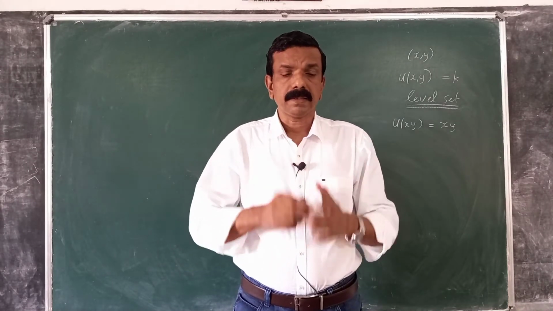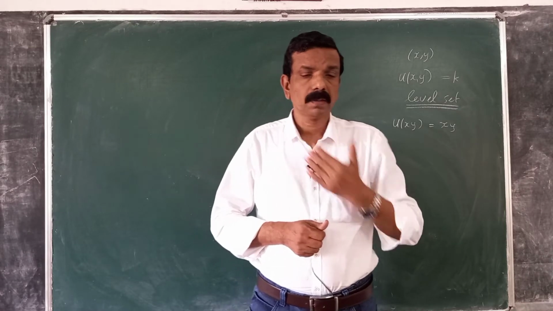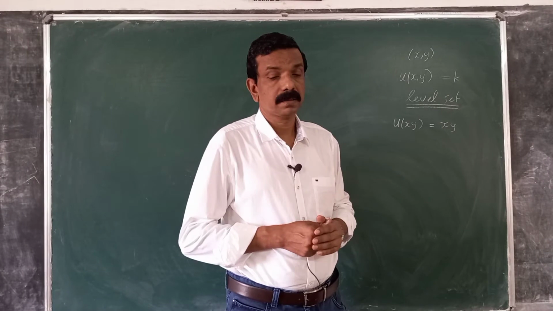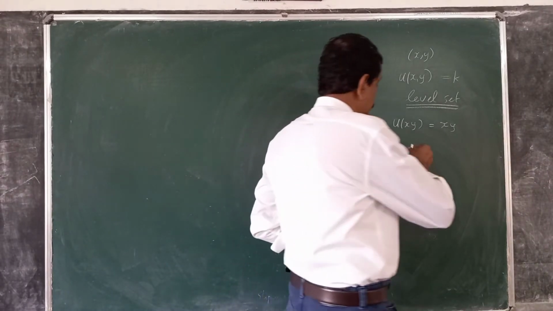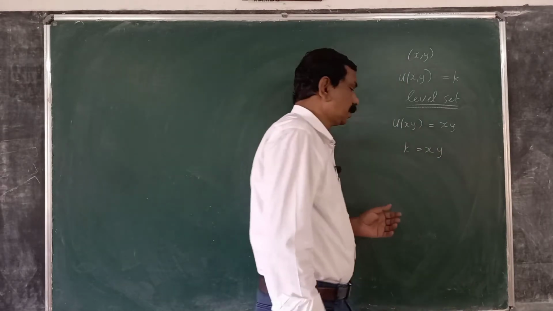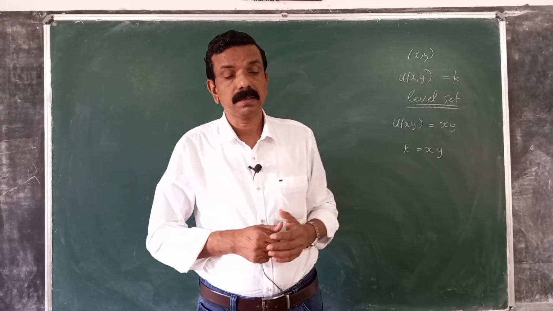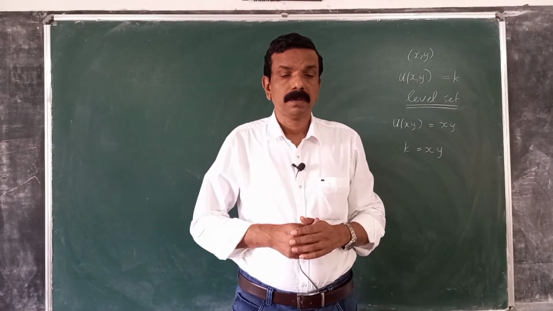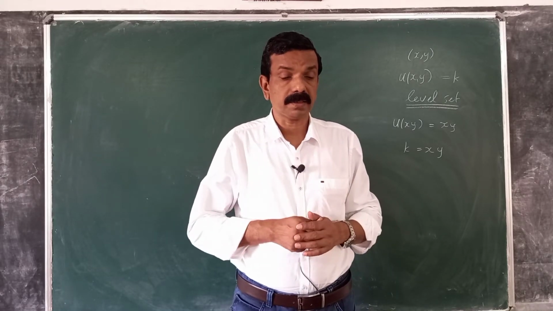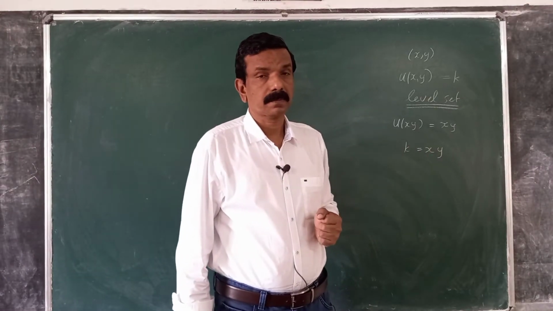We know that a typical indifference curve is the set of all (x,y) such that k = xy for some constant k.